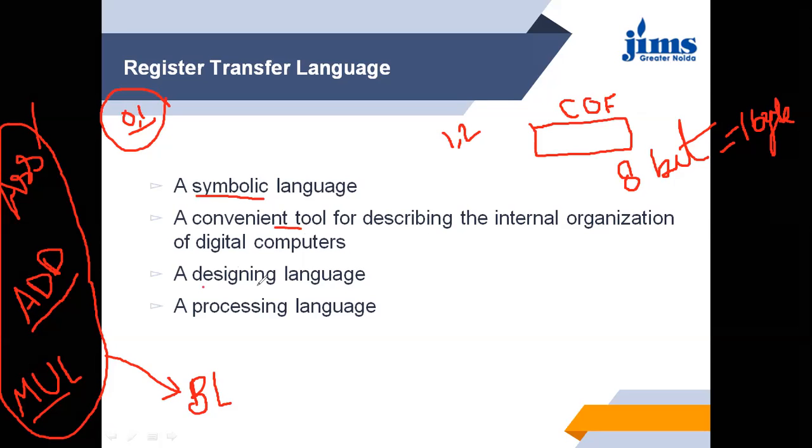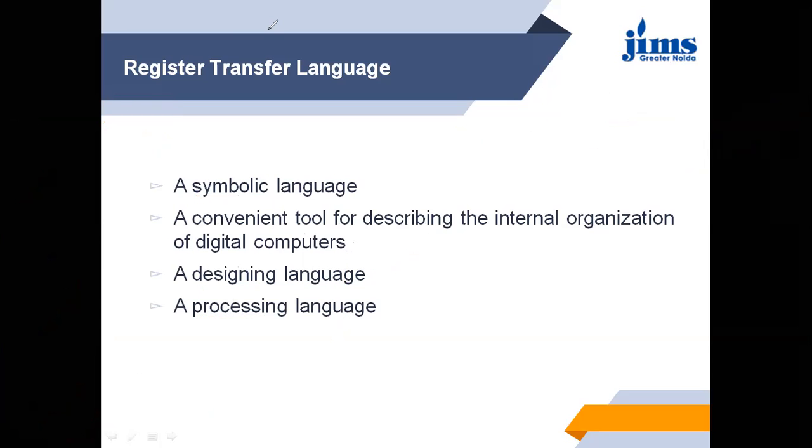This is a designing language and a processing language, meaning we can design different operations and different computers using the knowledge of this, and we can perform the operations. So this is about the register transfer language.